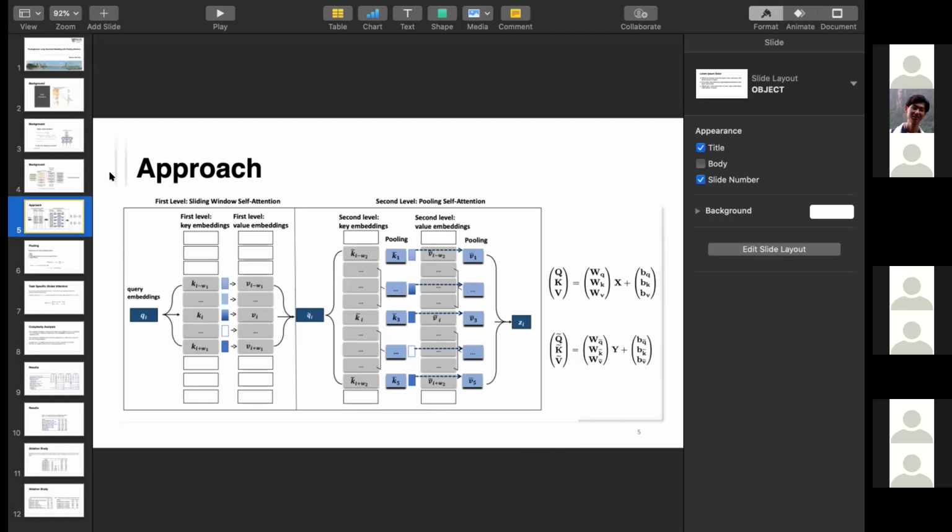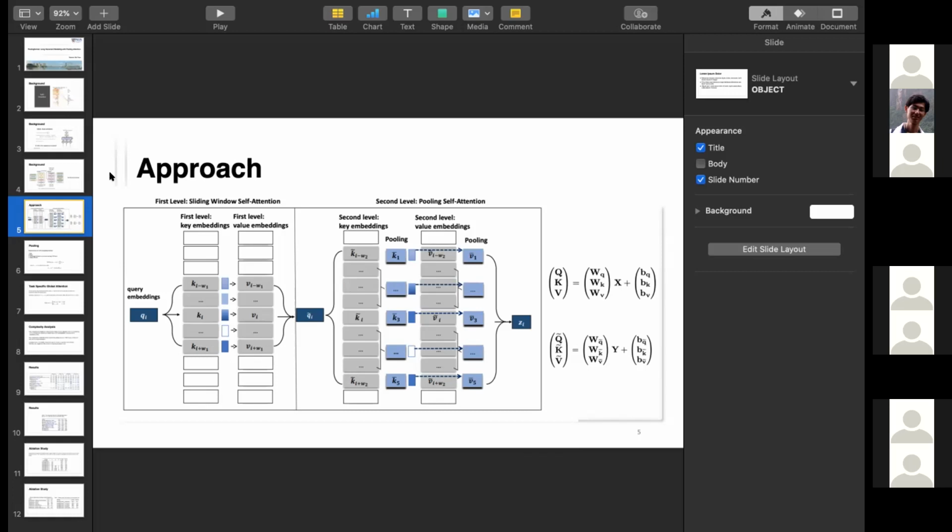So the problem is that for the original transformer, the longest document it can take in is 512 tokens. If the document is longer than that, the transformer cannot handle it. The reason we set the limit to 512 is because the complexity of calculating the attention is O(n) squared.